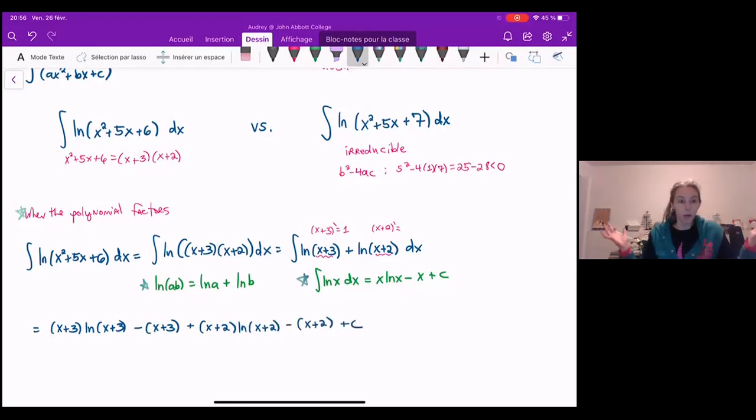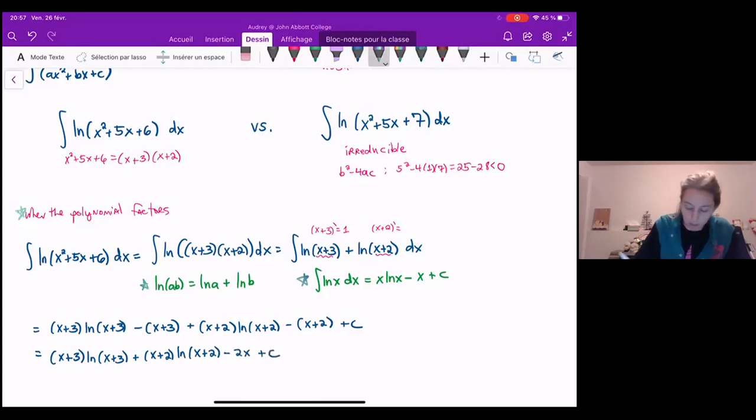There we go. We're done. Literally 1 minute. That said, I am going to simplify this a little bit. So this is the same thing as x plus 3, ln of x plus 3, plus x plus 2, ln of x plus 2, minus 2x plus c.